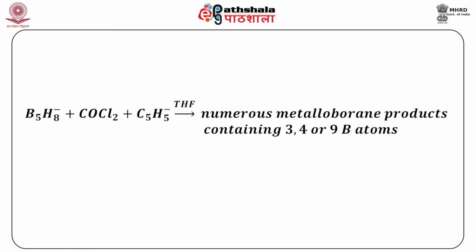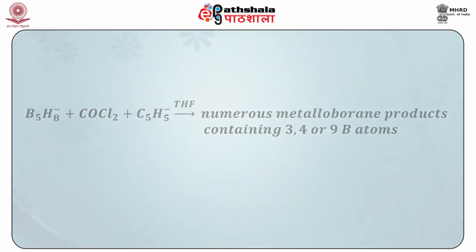Similarly, when we started with B5H8- and reacted it with cobalt chloride and cyclopentadienyl anion in presence of THF, we got numerous metalloborane products containing 3, 4 or 9 boron atoms. So this constitutes the partial degradation of borane anion to form the metalloborane clusters.